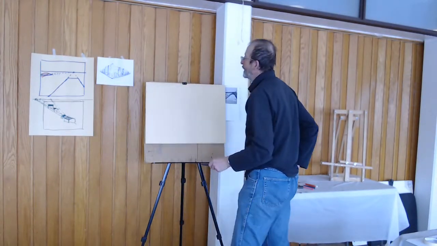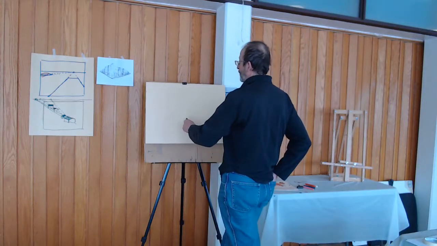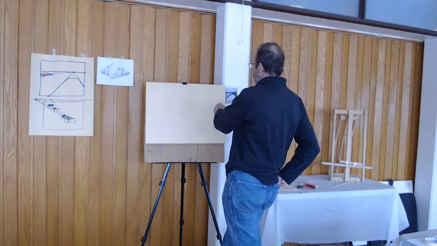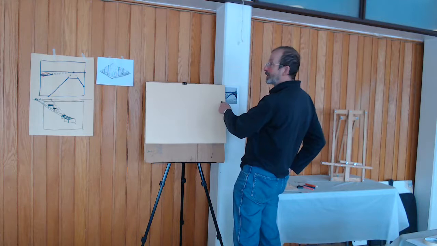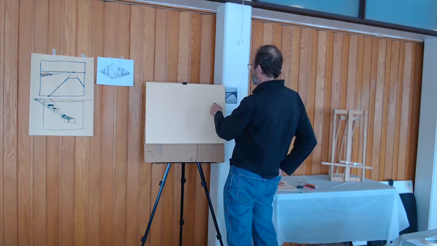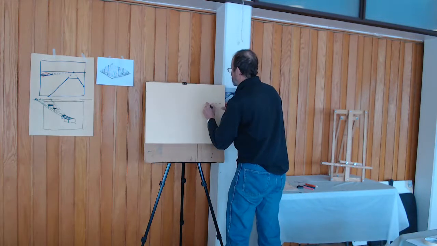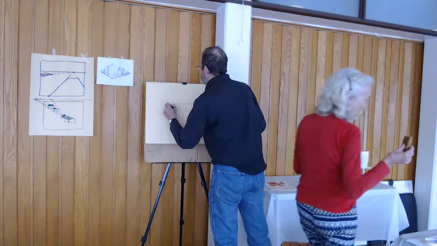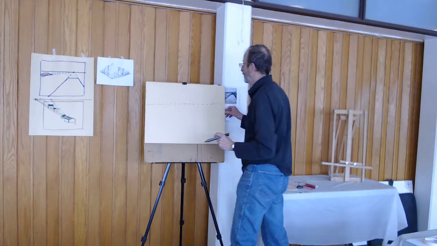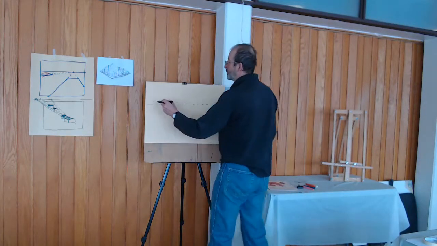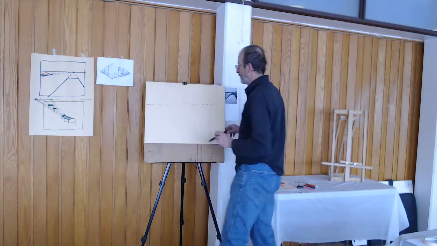So if I start off by establishing where the horizon is, if things are horizontal, the vanishing points are going to be on the horizon.